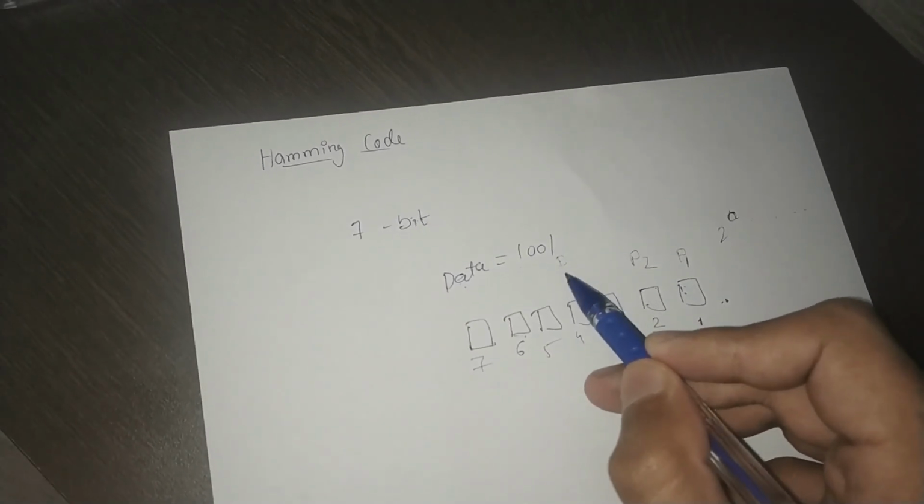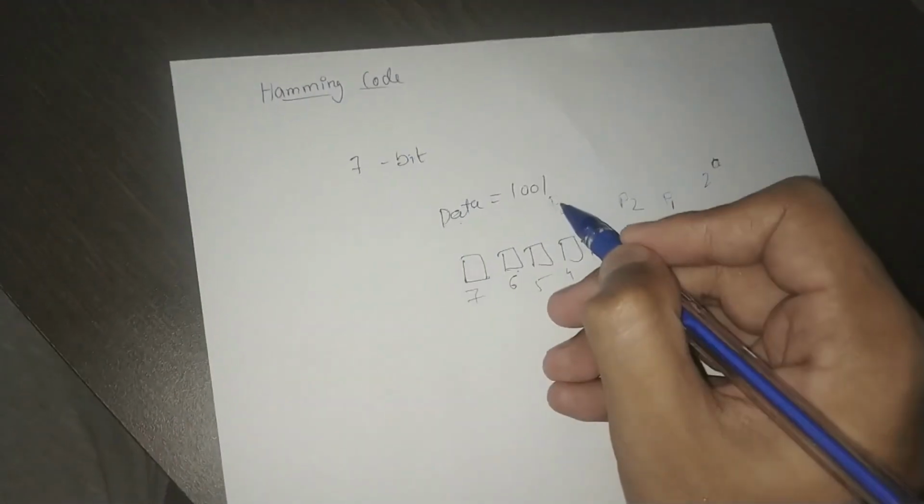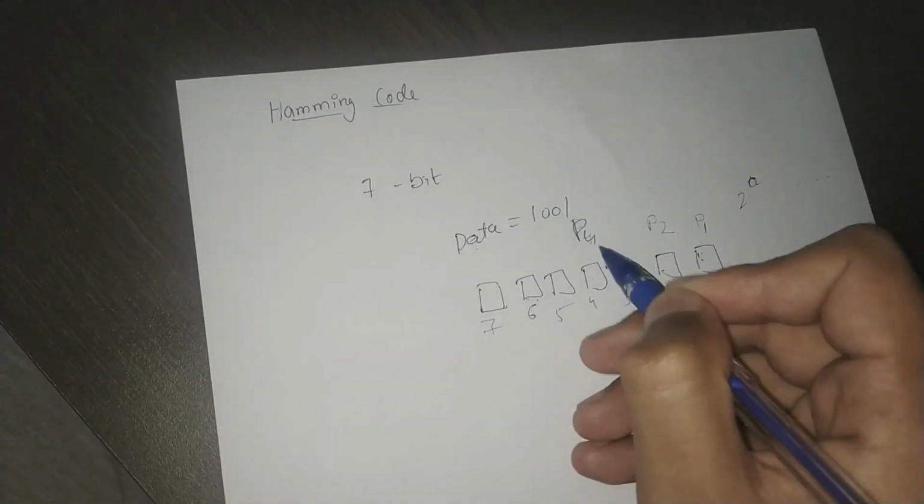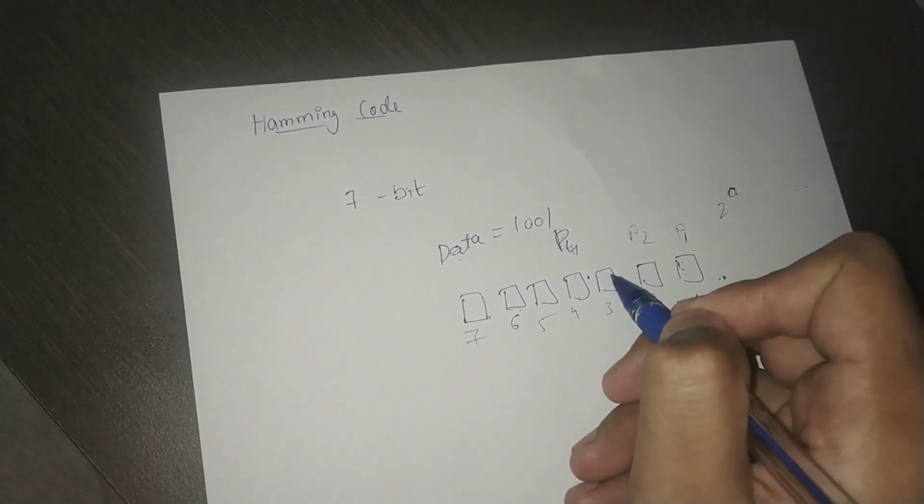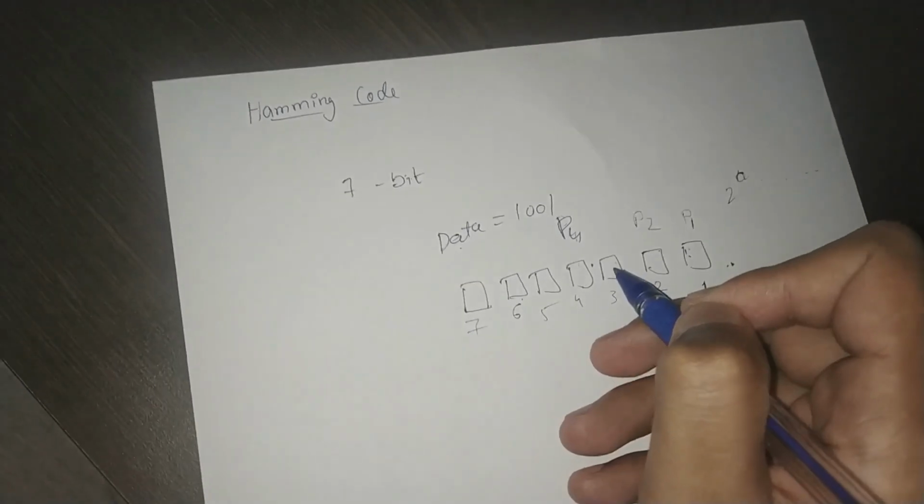This will be P4, not P3. Generally we refer to the position, so it will be P4 directly, and the other 4 which we have are the data bits.